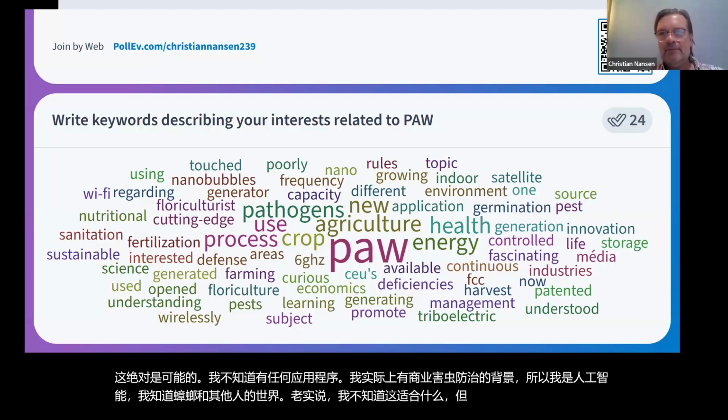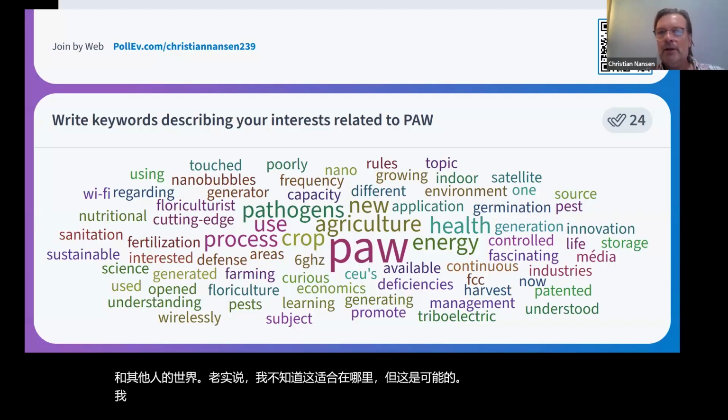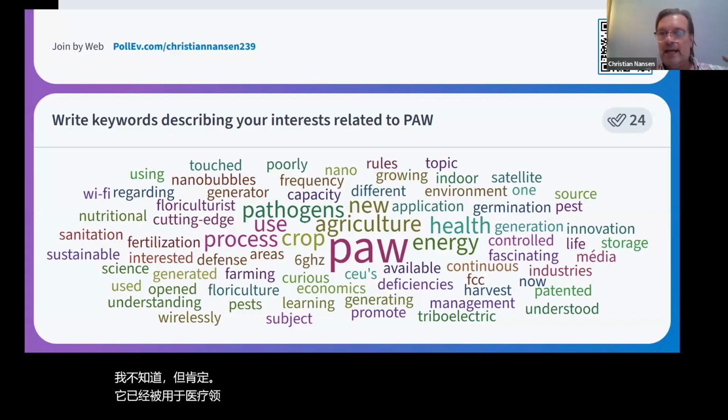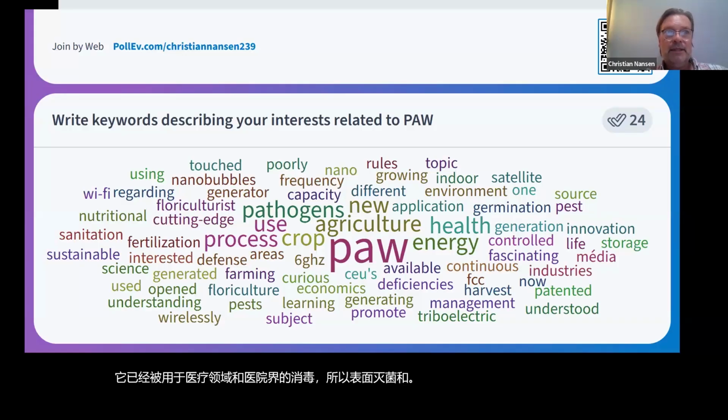Certainly it's already being used in the medical field and in hospitals for sanitizing, so surface sterilization, and the computer industry is using it also to clean components that need to be very clean.